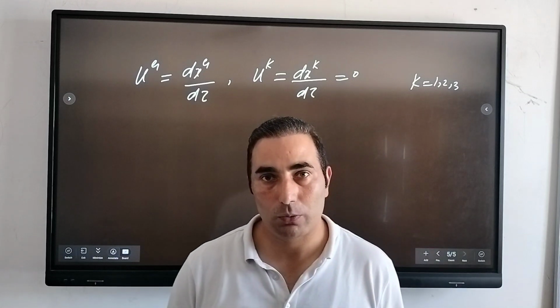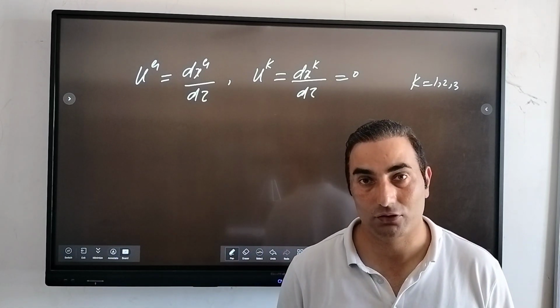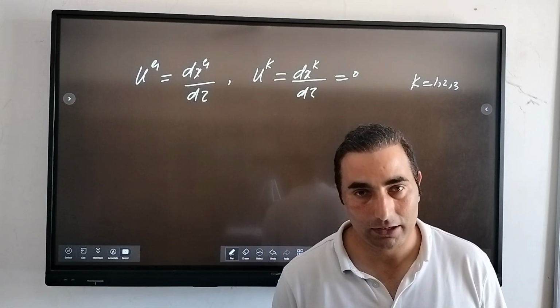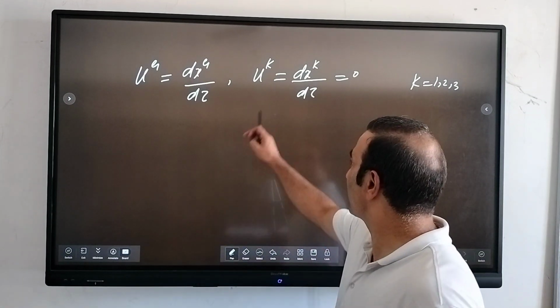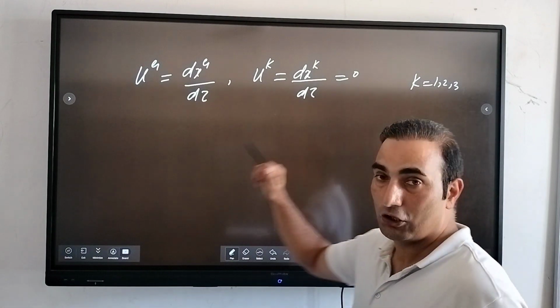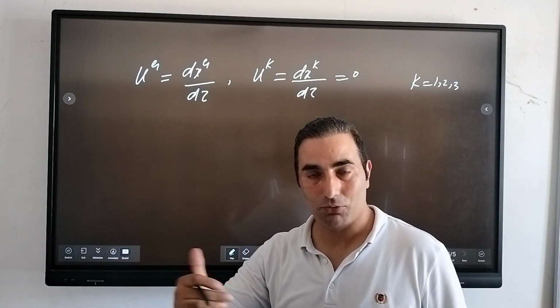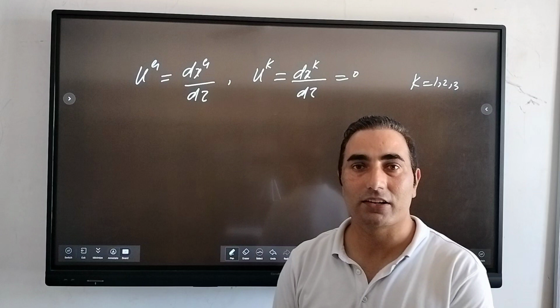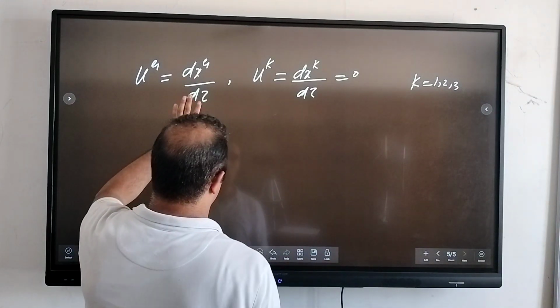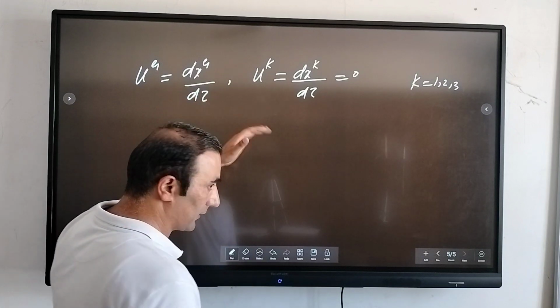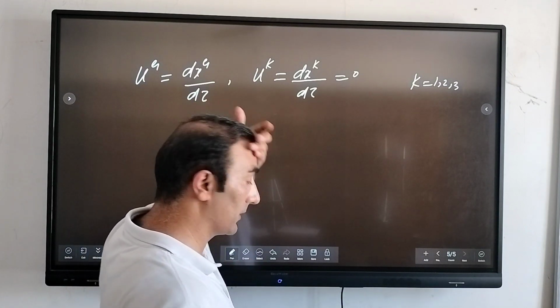In that case, the velocity components are ux, uy, and uz, because we assume u is less than 1, so we have a total of three components, because k is 1, 2, 3. So 1 corresponds to our x component, 2 corresponds to y, and 3 corresponds to z, right? Okay. So let's calculate now, because we are calculating here for the limiting case.